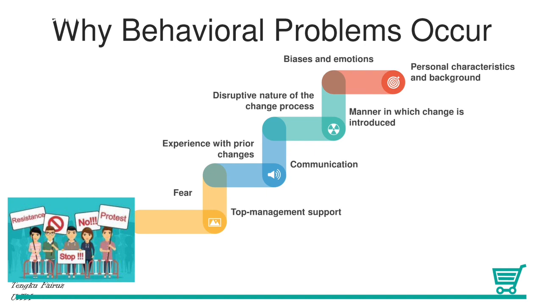Another reason is experience with prior changes: maybe they had a bad experience, so they are reluctant to cooperate, use the new system, or accept the changes. Then also communication: employees are unlikely to support a change unless the reasons behind it are explained.